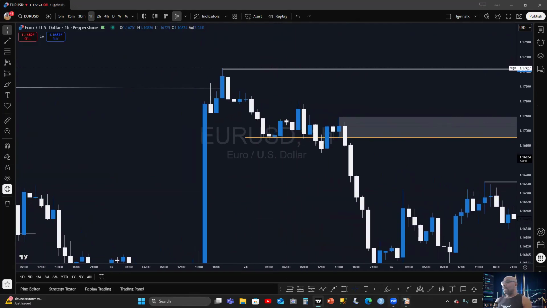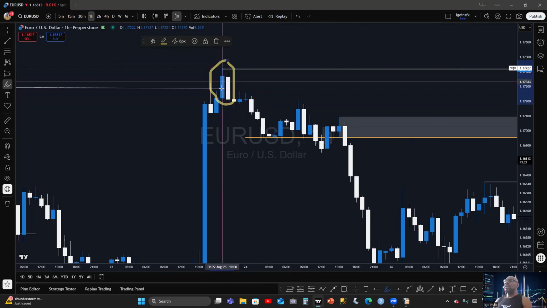So like here, you can see that this one here is what we call a bearish engulfing candle.